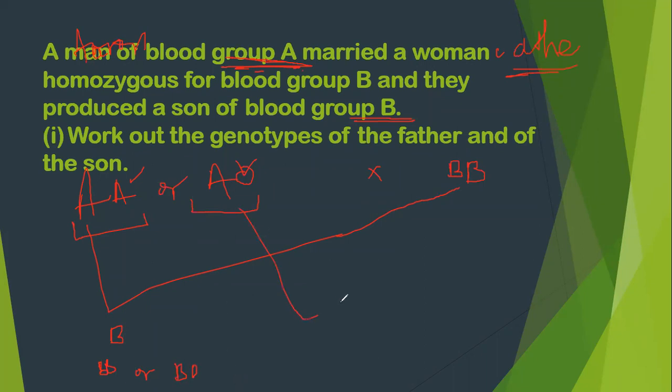When we cross this, we should get a son of blood group B, either capital B or capital B, small o.